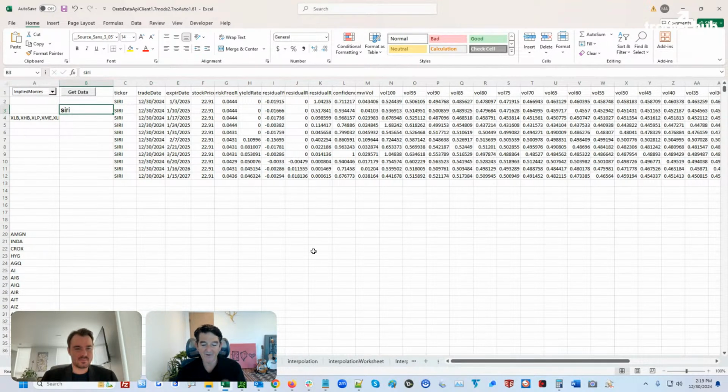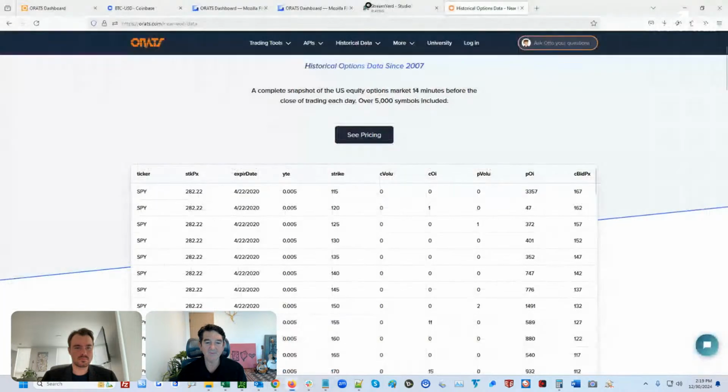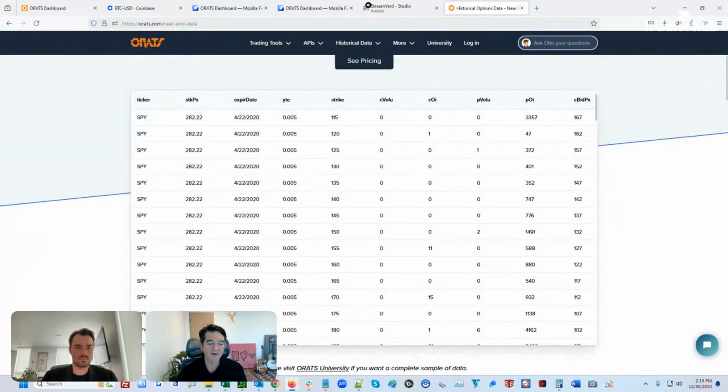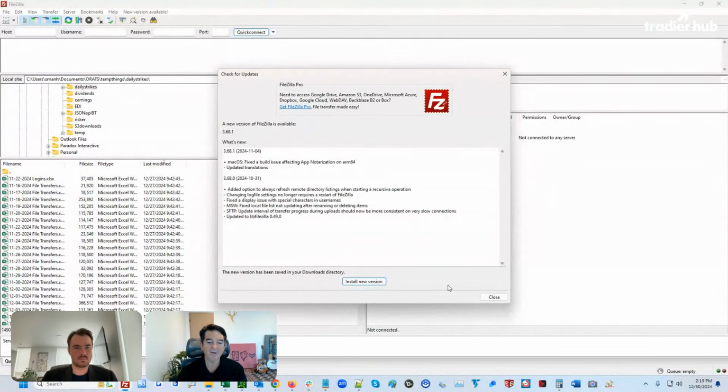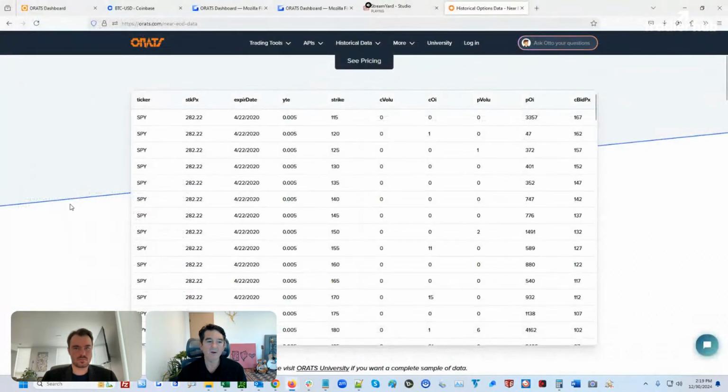But speaking of Excel based, you could download CSVs and get all this information from just an FTP, and using things like FileZilla, you could go get all this data from our servers as well. So we try to make it as easy as possible.